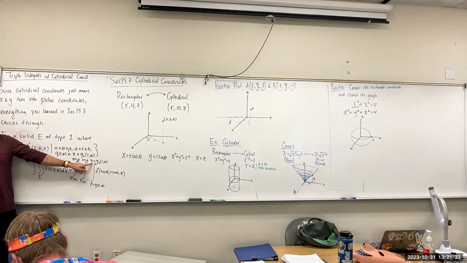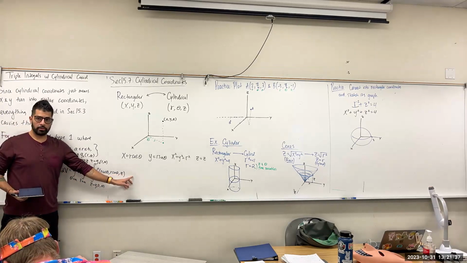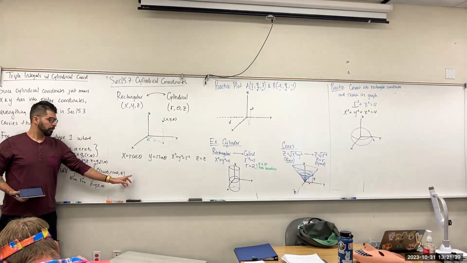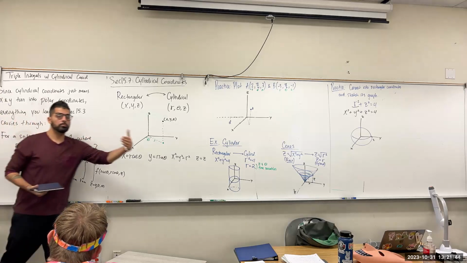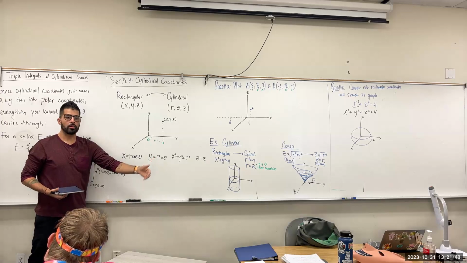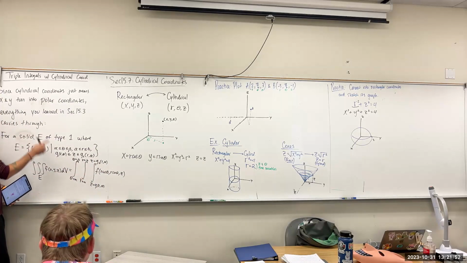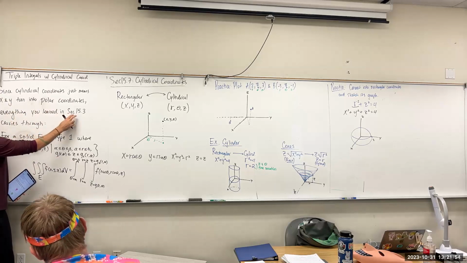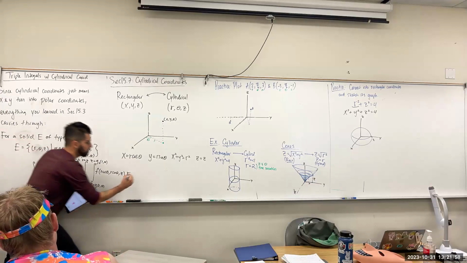If I have the z first, we're going to have dz first, right? But in polar, what happened when you converted to polar? What happened to the dx dy? It became r dr d theta, exactly. So because this is just going to end up using polar with x's and y's, what we learned in 15.3 is that this extra r gets popped out.